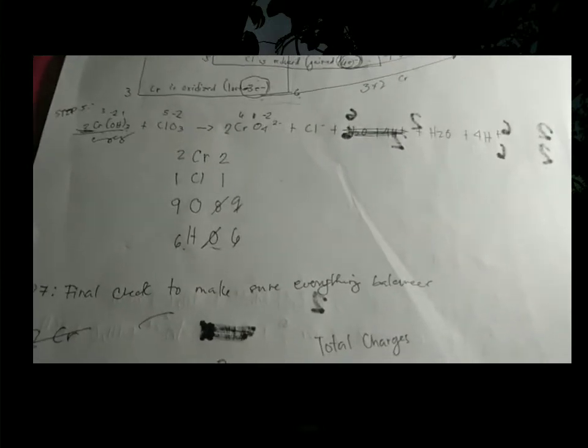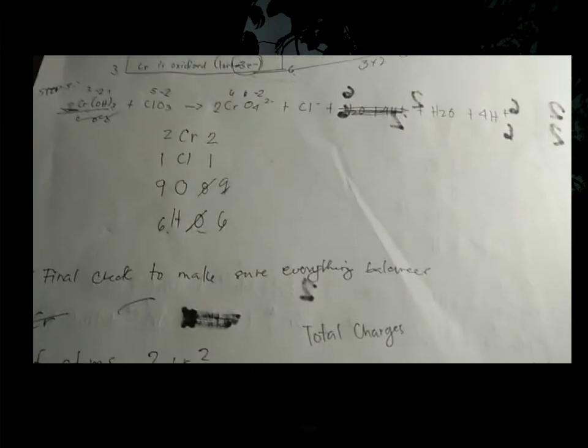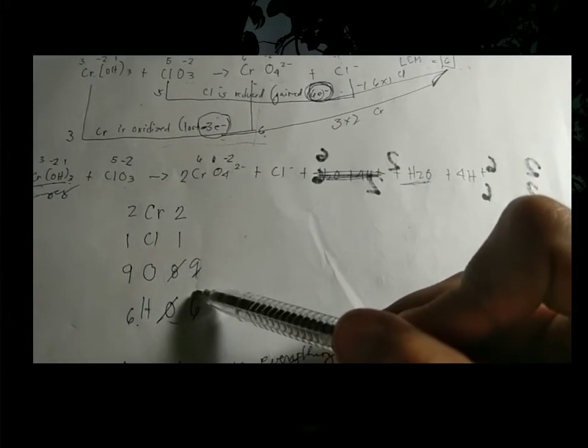Na ang ibig sabihin ay mag-add ng H2O para mabalance ang oxygen at hydrogen. So mag-add tayo ng H2O dito. Water molecule. And then, the hydrogen becomes 9. Oh, di pala.